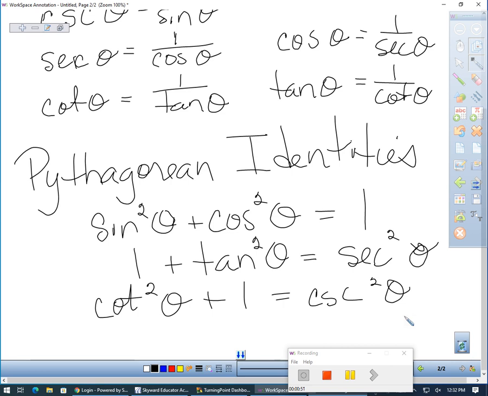So let me show you, just so we can get an idea, how we are going to use these three identities in our homework today. Okay? So here is example number 1.